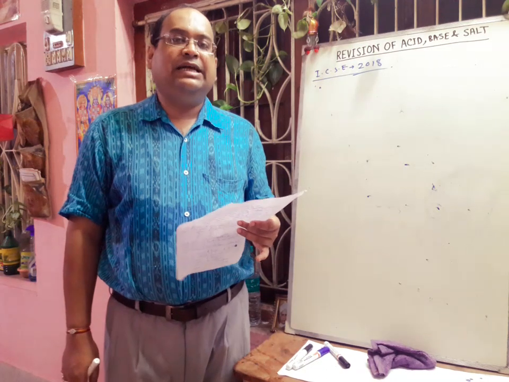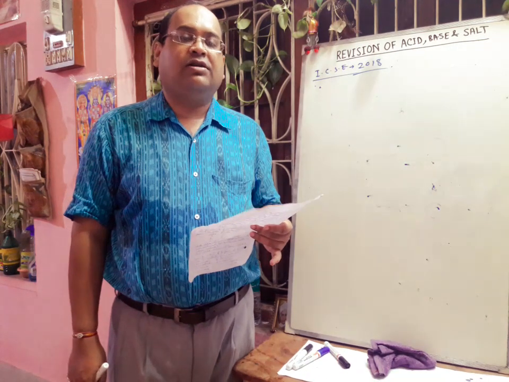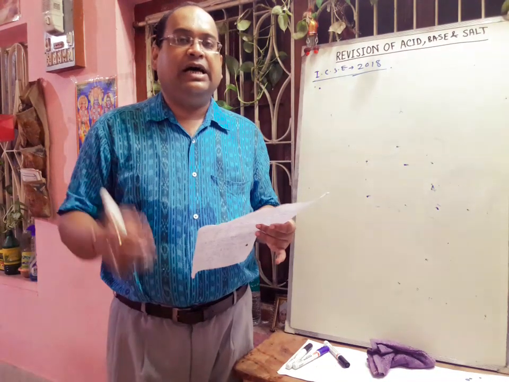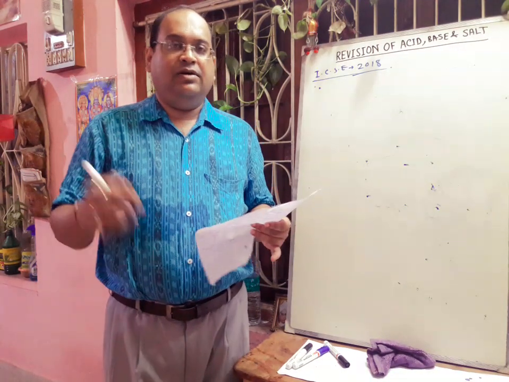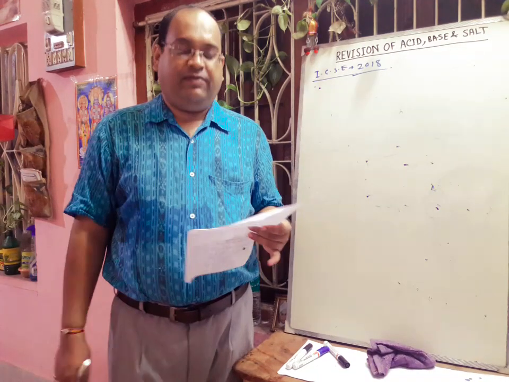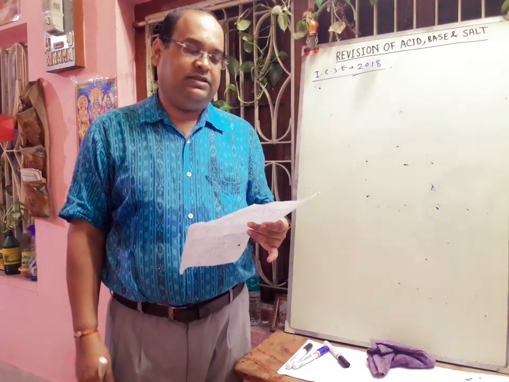We know that salts containing water of crystallization, when exposed to air, release the water from the crystal, and this phenomenon is called efflorescence. So here the answer will be efflorescence.